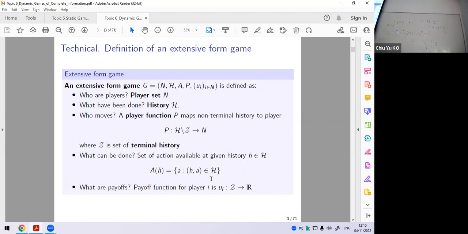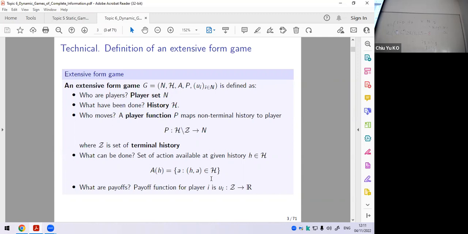Although I write it down formally here, no one actually writes it in the paper. But you implicitly define it, so make sure that when you define it implicitly, everything is there. Unlike the normal form game, which someone would still write the formal way, I never see any paper write in this form, except in textbooks.